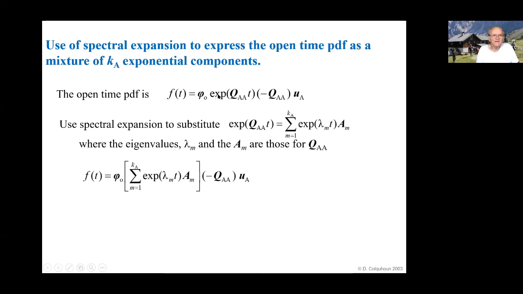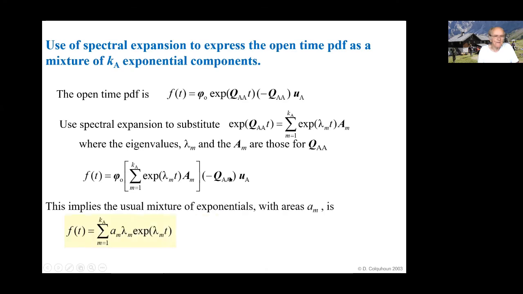So if we insert for e to the QAA t its spectral expansion, we get that. And that implies, because it's got these scalar exponentials in it, that this is the usual scalar sum of KA components with areas a and rate constants, eigenvalues lambda.